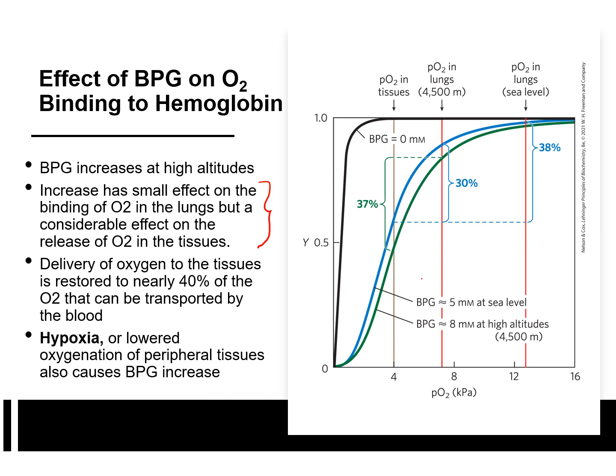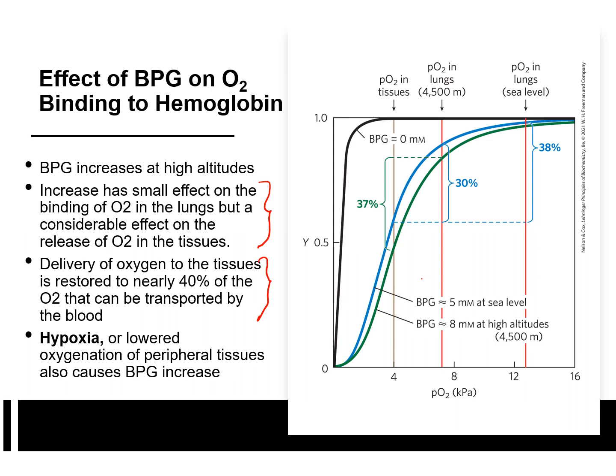As a result, with an increase in BPG, the delivery of oxygen to the tissues is restored to the 40% that we want and normalizes our ability to function at high altitude. In order to understand this, we have to take a deep dive into this graph. So let's establish some baseline conditions here and parse this graph.